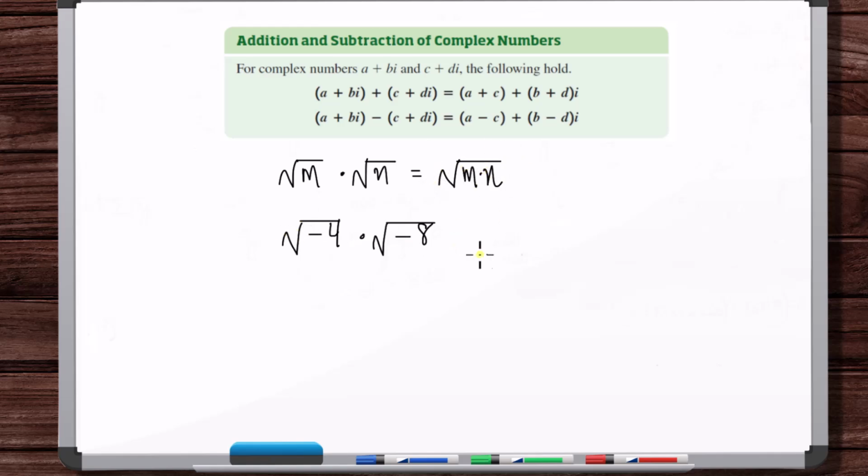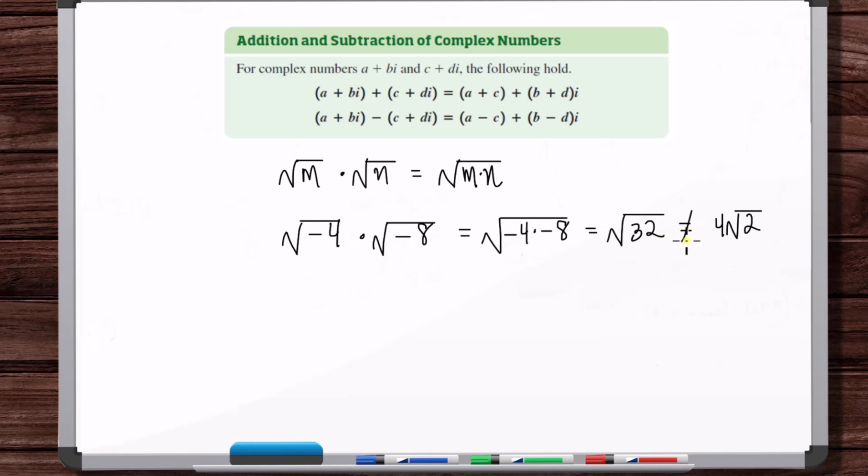If we just apply that property here, minus 4 times minus 8 is positive 32. 32 is 16 times 2. The square root of 16 is 4, so 4 root 2.